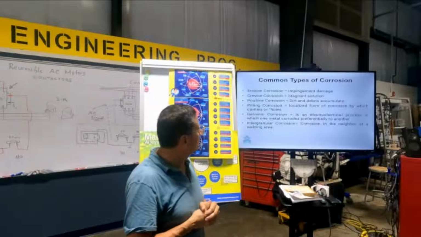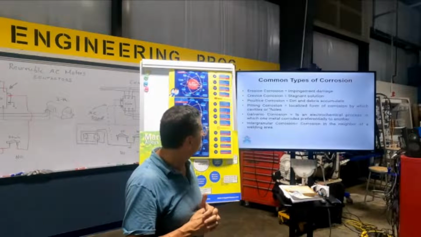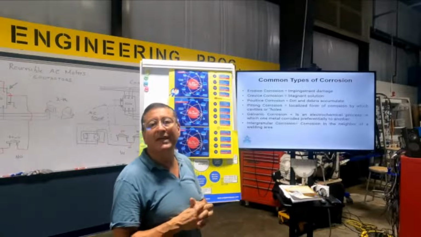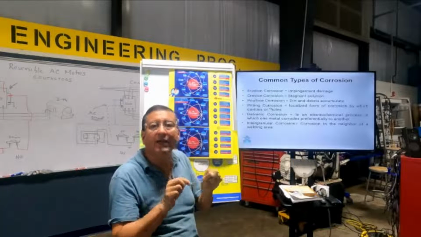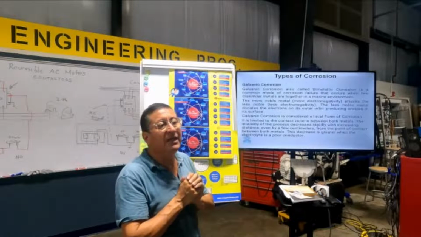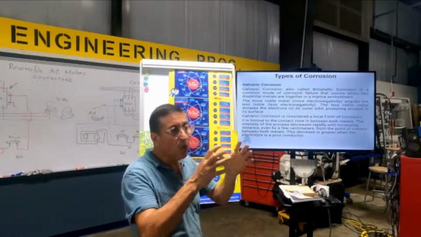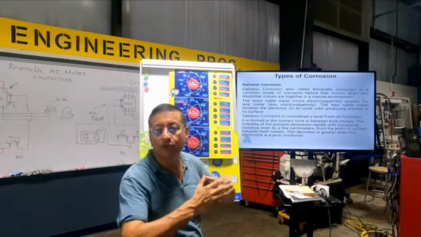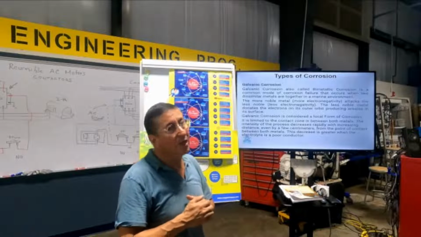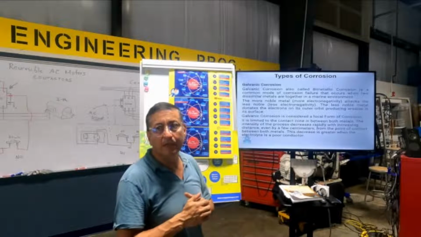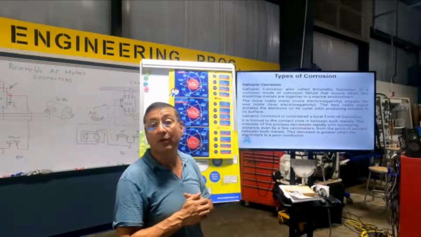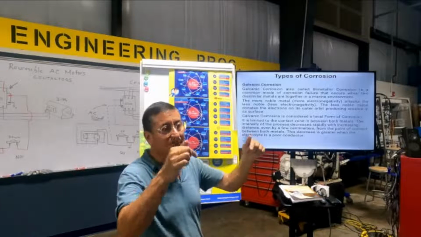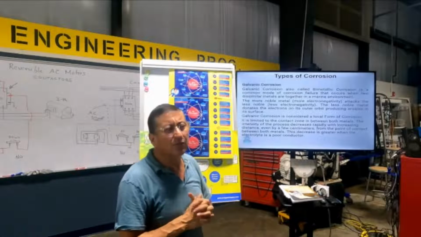Intergranular corrosion. Intergranular corrosion occurs in the neighborhood of welding areas, especially when people weld marine brackets and supports, and the welder is not a professional welder, and it's not a marine grade rod. For that reason, it's important.